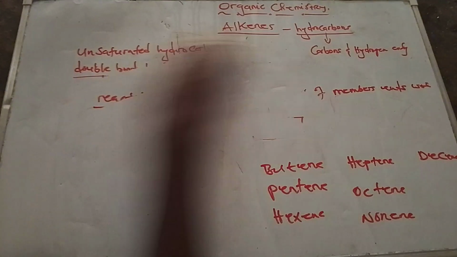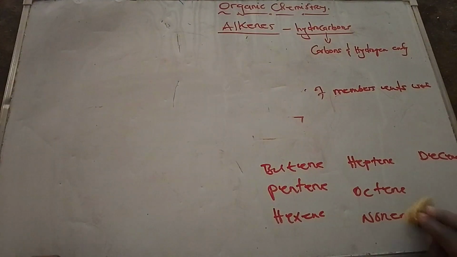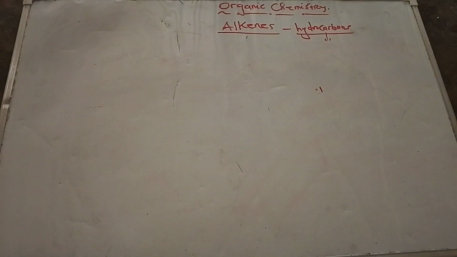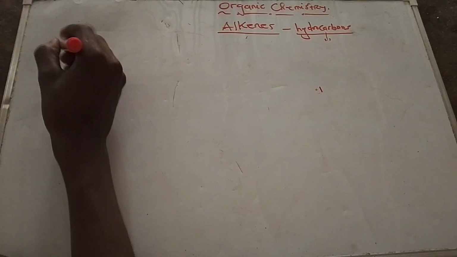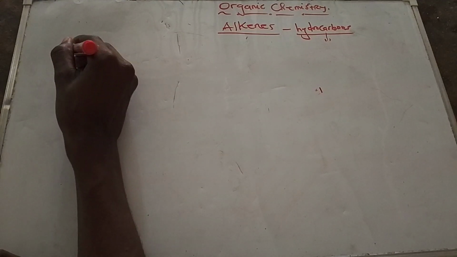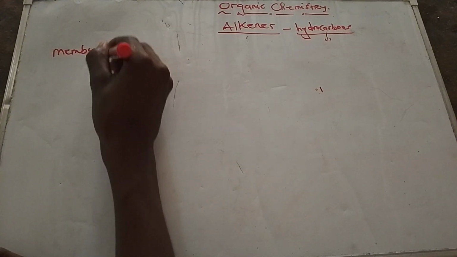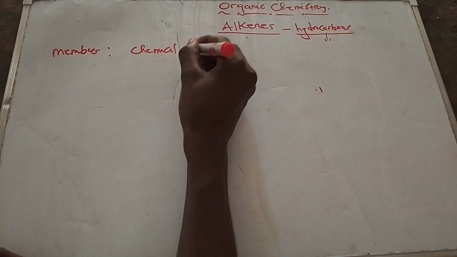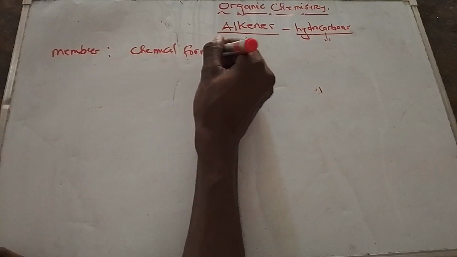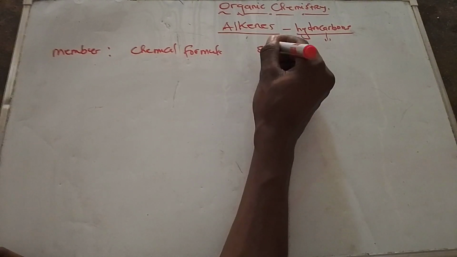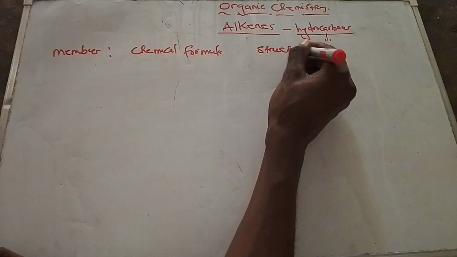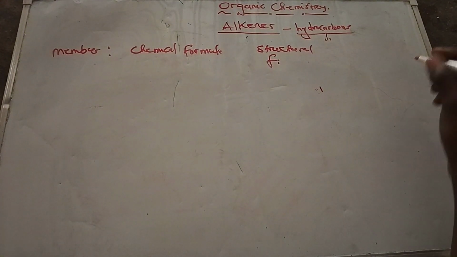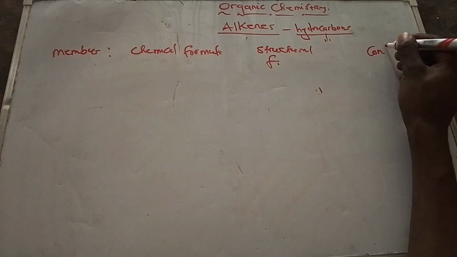So let's move a bit. Now, from here, we'll look at the member, the chemical formula, then the structural formula, and of course the condensed formula.